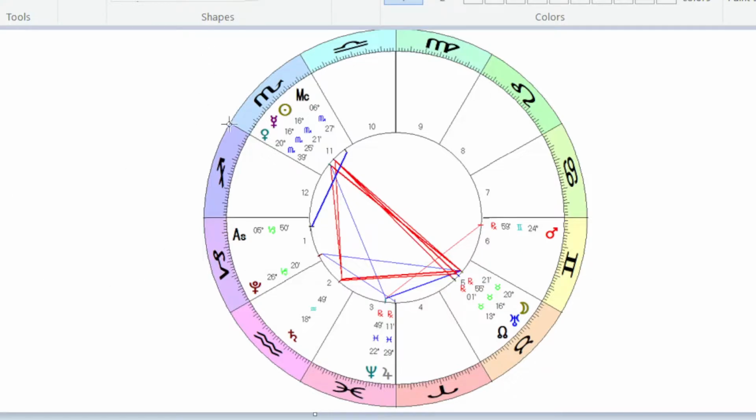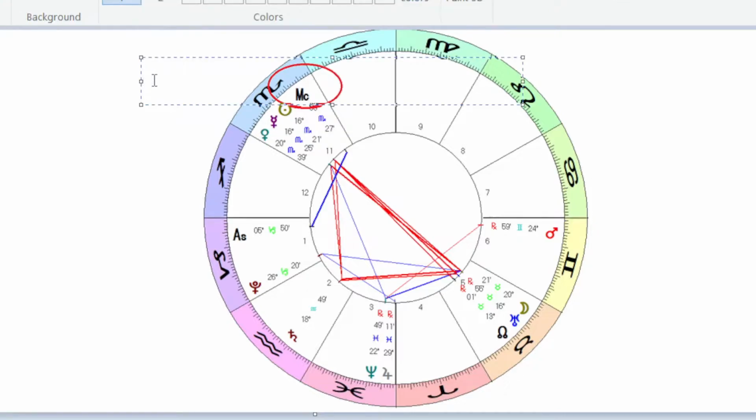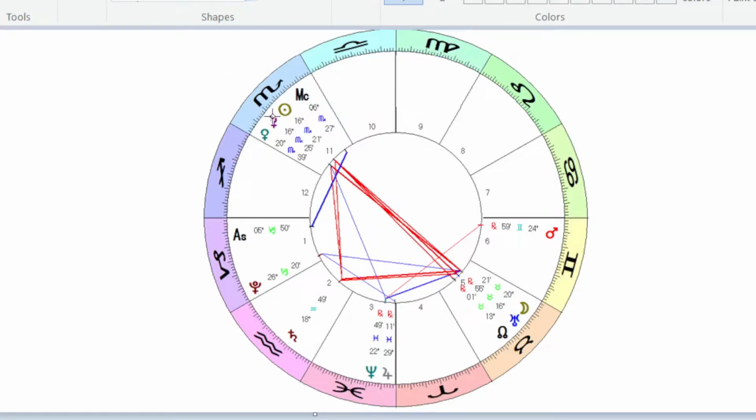Now let's look at the MC. The MC is right here. This stands for Medium Coeli, which is Latin for middle of the sky. I'm just going to write Midheaven because that's really what we call it. In order to find the IC, here's our MC, and we know that 180 degrees across on the other side, the IC is right here, at 6 degrees of Taurus.